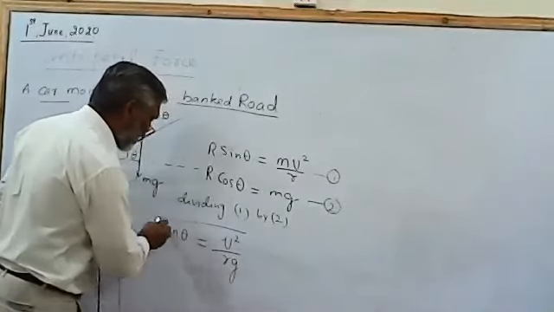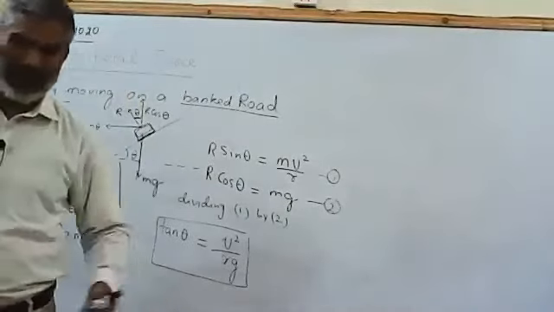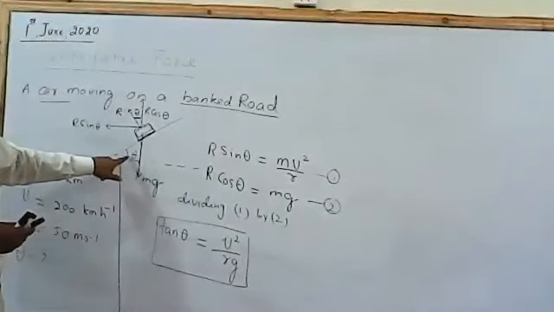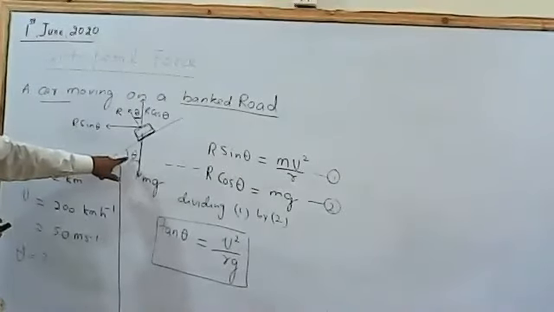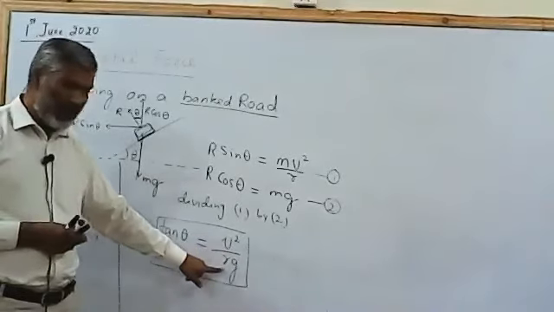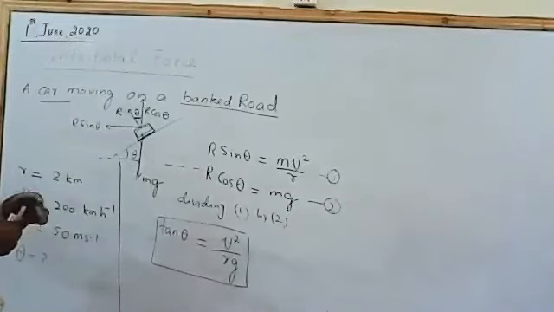This is the same equation I have derived in the last example. Again, theta, which is this angle, is related to the speed of the car and the radius of the circle in which that car is moving.